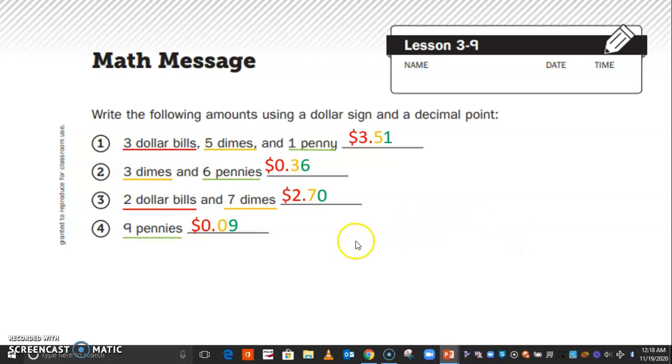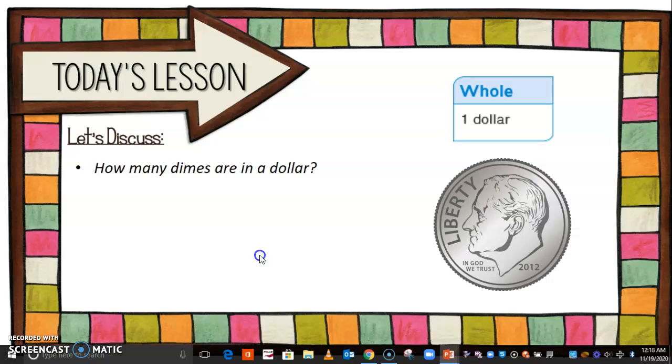So we're going to talk today about what this position in our fractions will be called. Okay, so we know that we have our whole, we have our tenths. Today we're going to talk about this place. Think you might have a good prediction on that? We'll see. So guys, how many dimes are in a dollar? I said this earlier. See if you were listening. Hopefully you said 10, right?